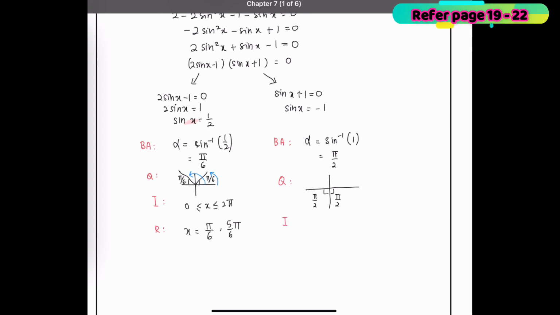For the interval, it's going to be the same, x is between 0 and 2 pi. When we try to do the rotation, the first rotation is this, and also the second rotation. So the answer will be 3 over 2 pi only.